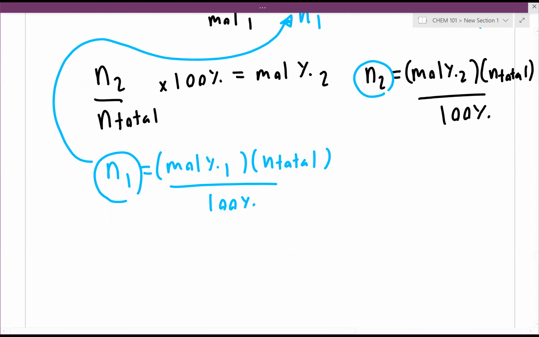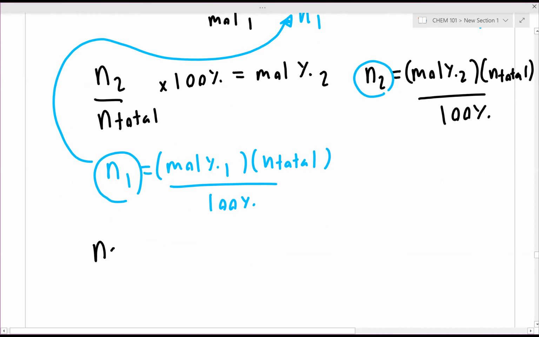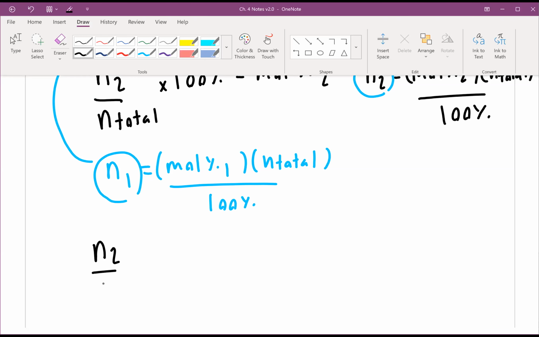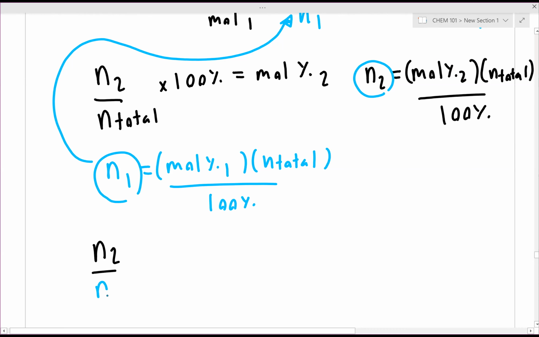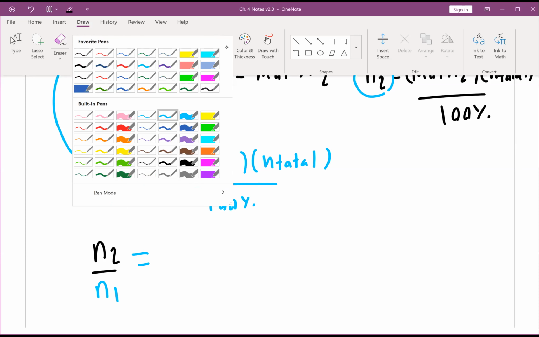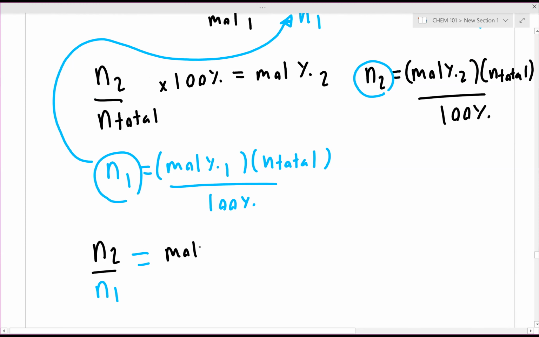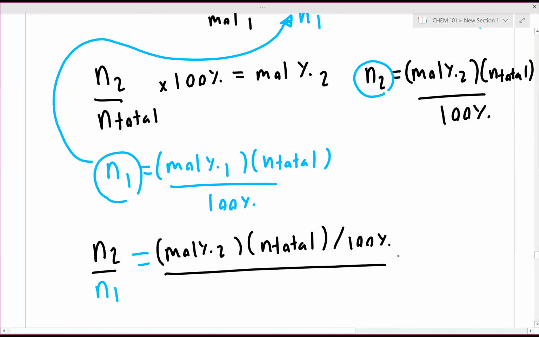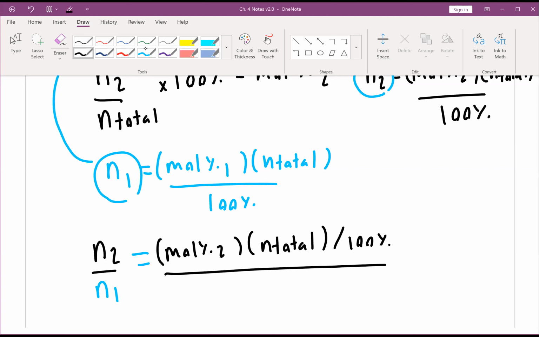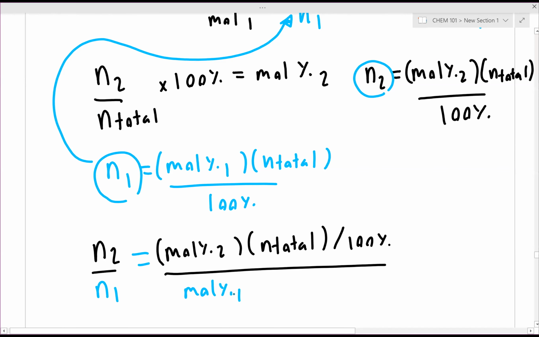So we know now that N2 over N1, which is our mole ratio, is equal to, and this is where you're going to see a lot of terms cancel out, the mole percentage of 2 times N total over 100%, divided by the mole percentage of 1 times N total, the total moles over 100%.